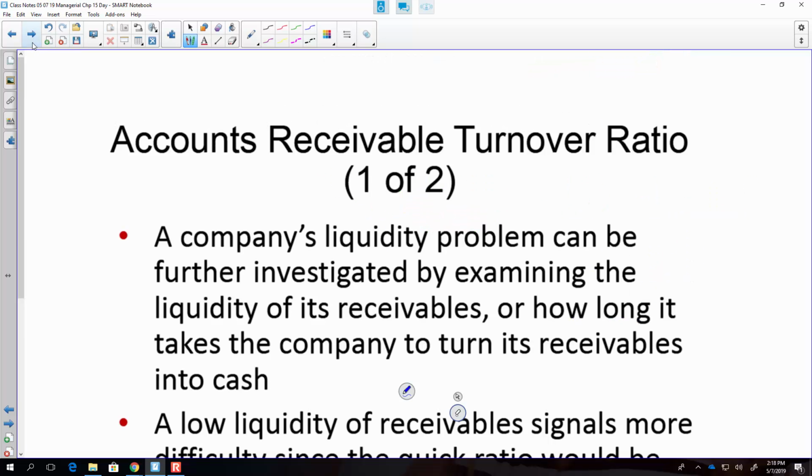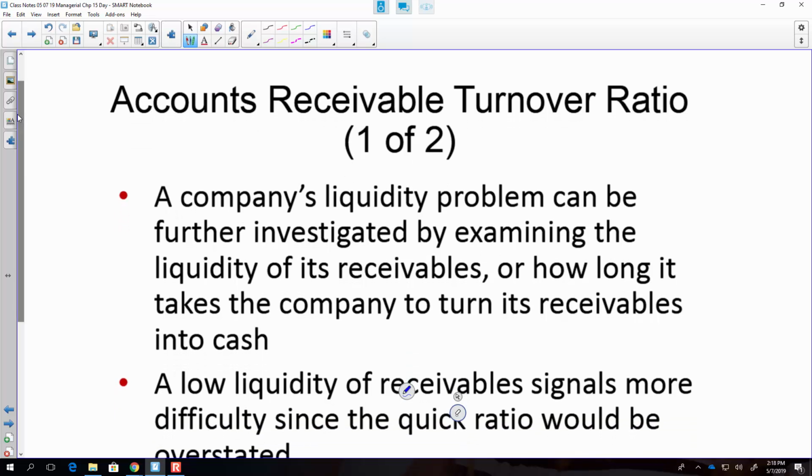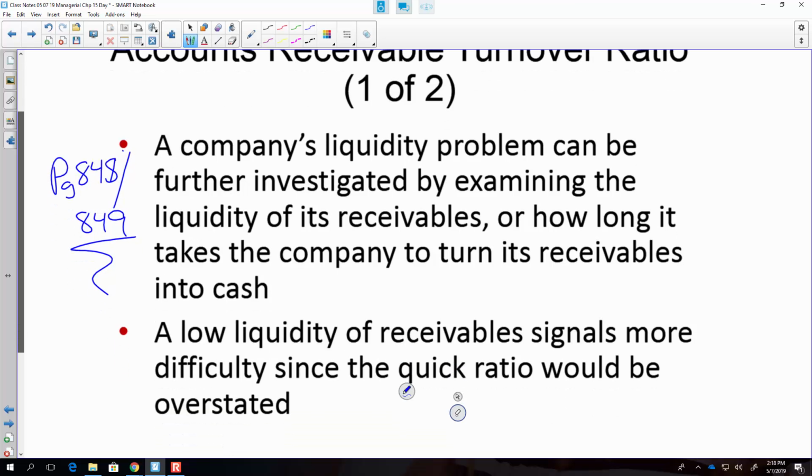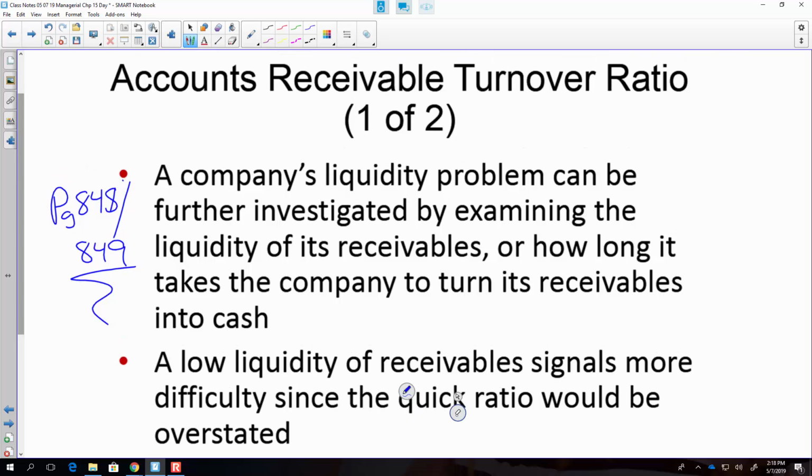Okay. Let's just start this before we take our break. Accounts receivable turnover ratio is on page 848. $849. What's the reason for this?